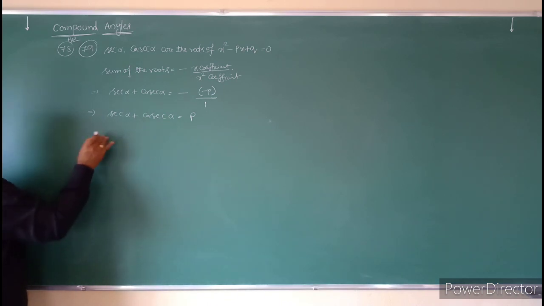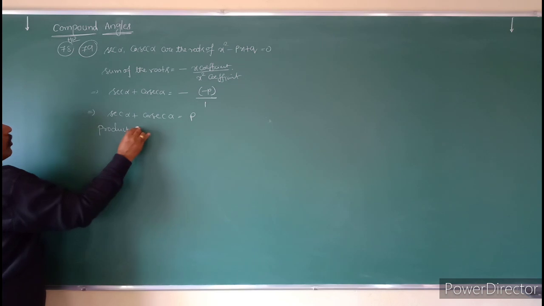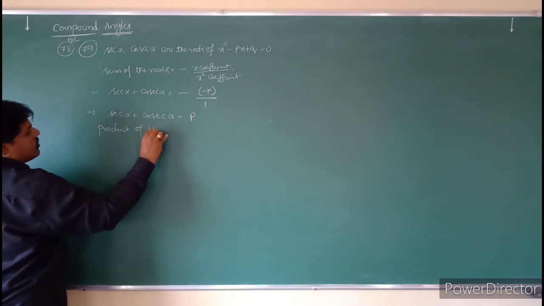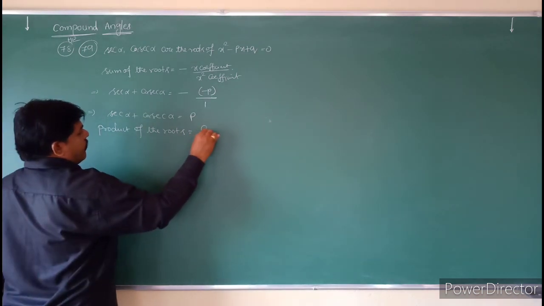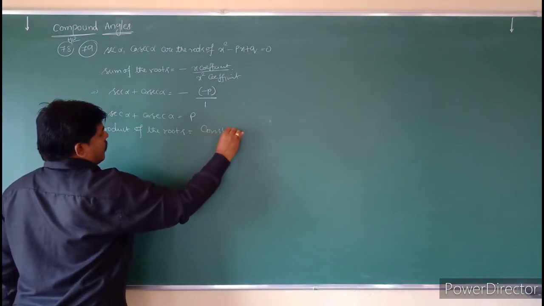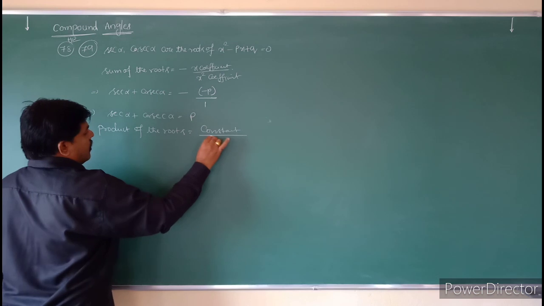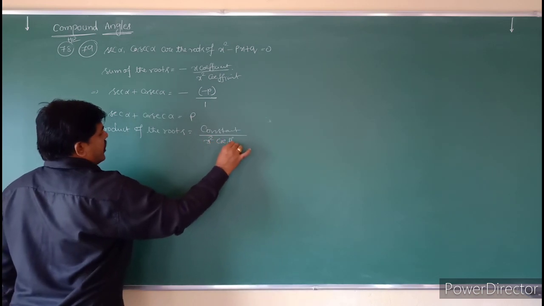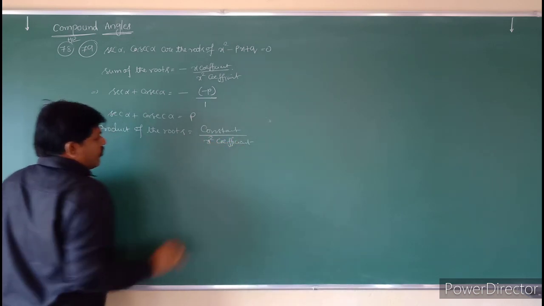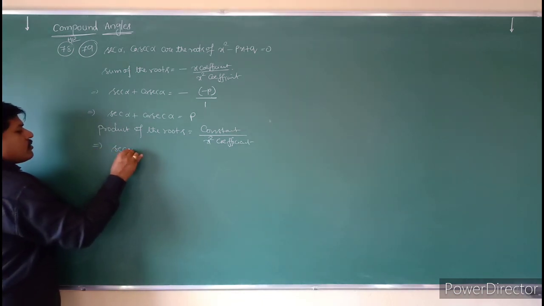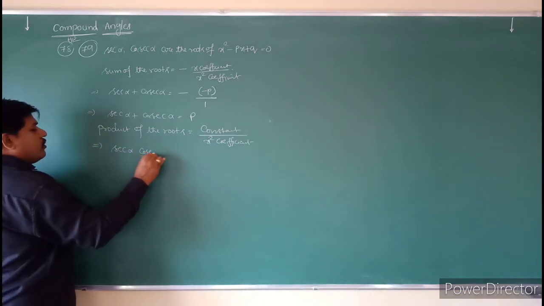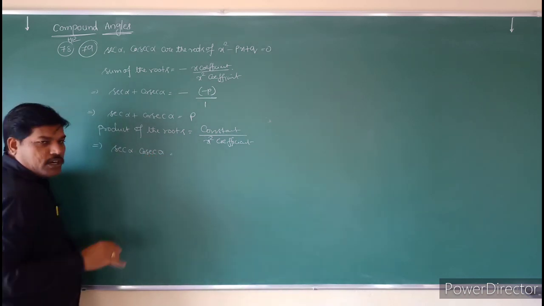And also we know the product of the roots. What is the product of the roots? That is nothing but constant by x square coefficient. So the product is secant alpha into cosecant alpha, equal to the constant.